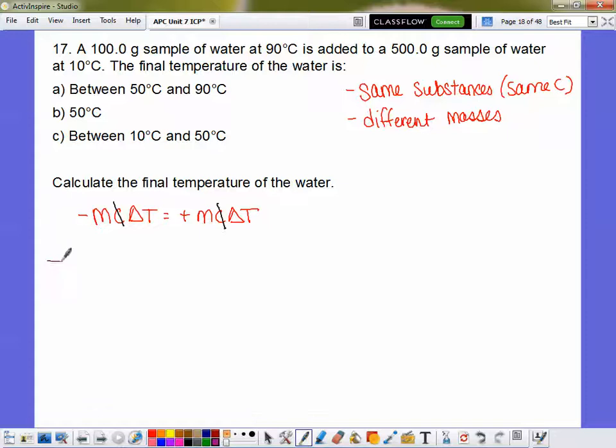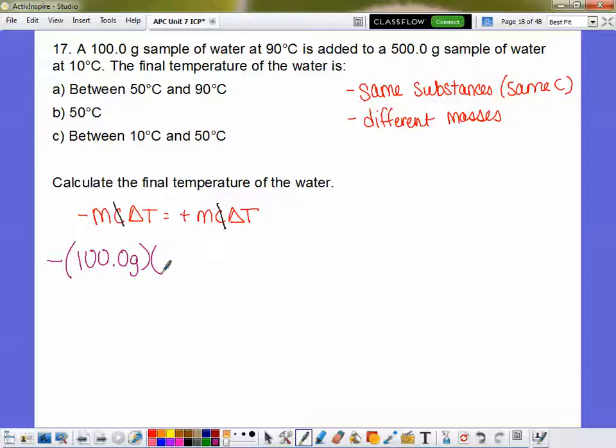All right. So which sample, the 100 gram that's at 90 degrees or the 500 gram that's at 10 degrees, which sample is going to lose heat? The 100 gram, because that's the one that's at the higher temperature. Okay? So 100 grams. Now, before we actually do the calculation, we can kind of figure out the range of where it's going to be.